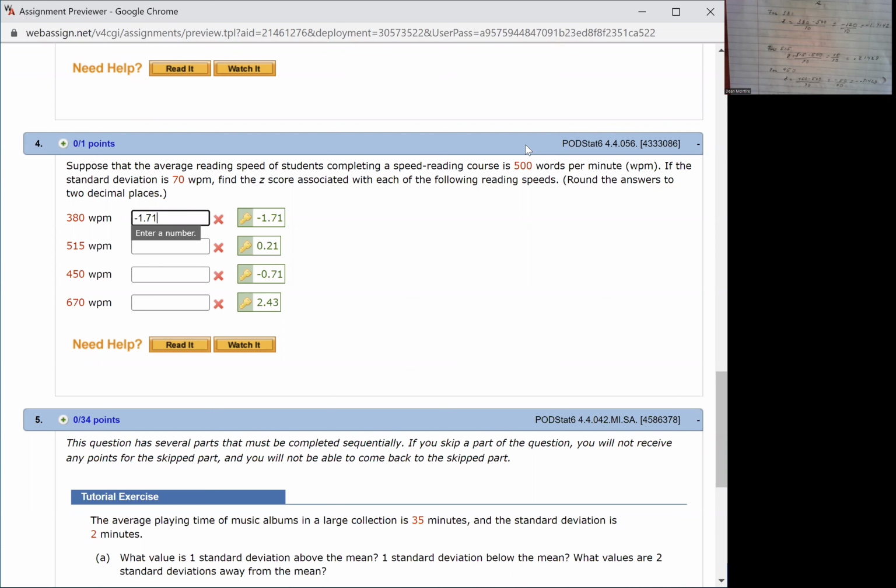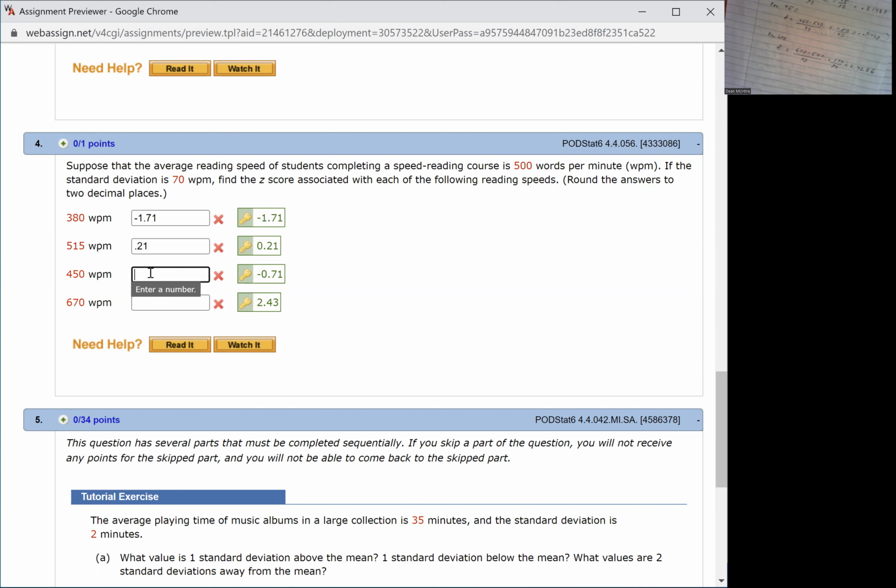Next one, 0.21. And the next one, negative 0.71.